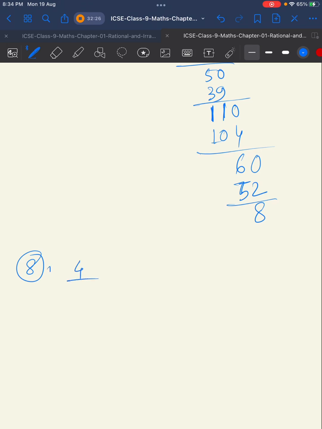See question number 8, 0.53 dot. Express each of the following as a rational number in the form of a by b, where a, b belongs to Z, means that a and b are integers and b not equals to 0.